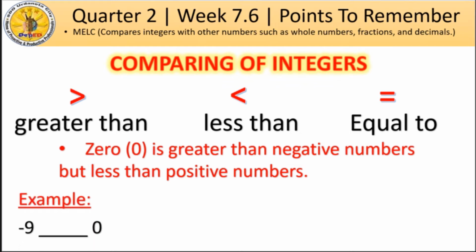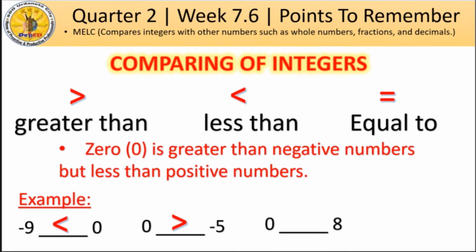Example, if we compare negative 9 and 0, since negative 9 is a negative number, negative 9 is less than 0. Now let's compare 0 and negative 5. Since 0 is larger than negative numbers, then 0 is greater than negative 5.